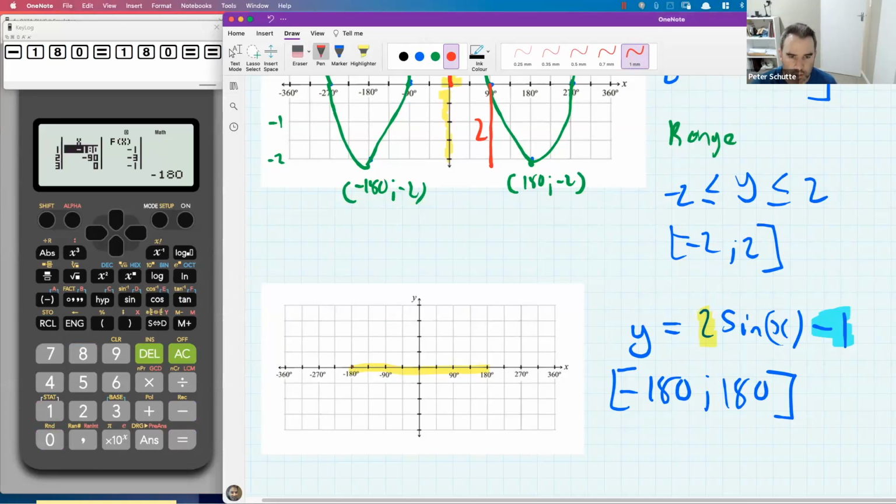So minus 180. Okay, let's make sure my scale is consistent. So this is 1. And this is 2. And minus 180. Minus 90. Oh, I need some extra runway here.